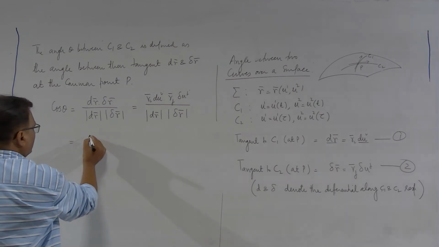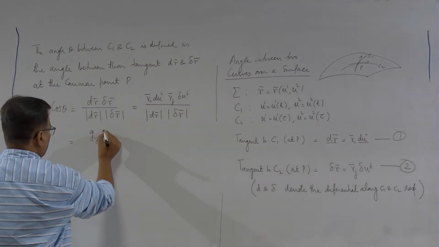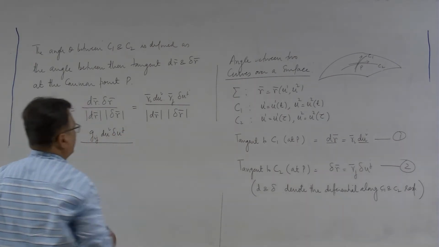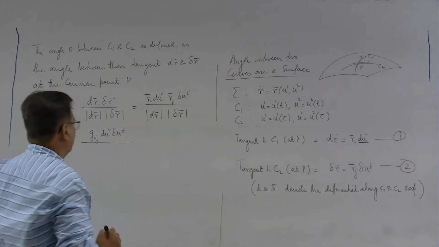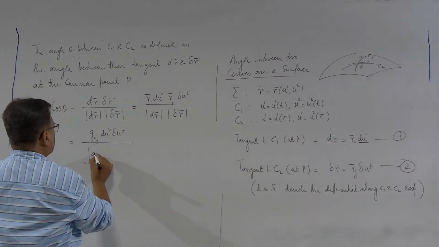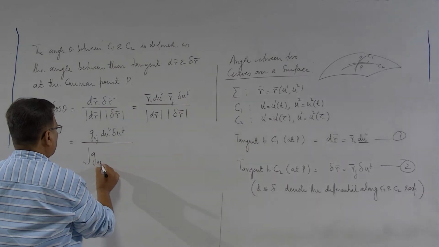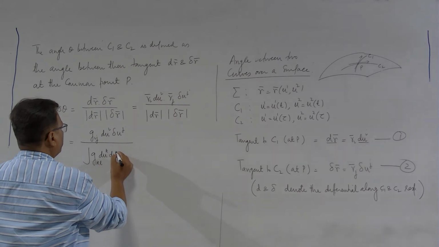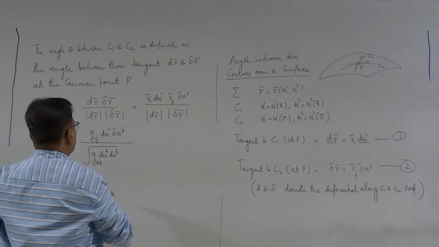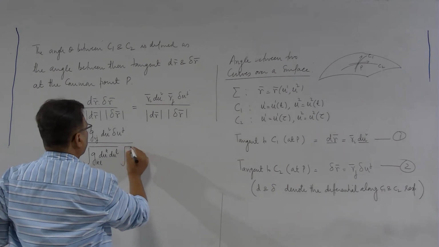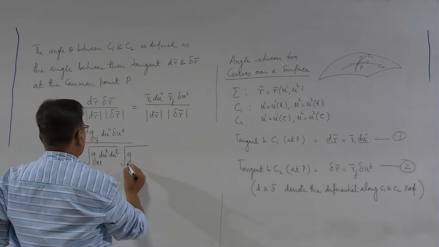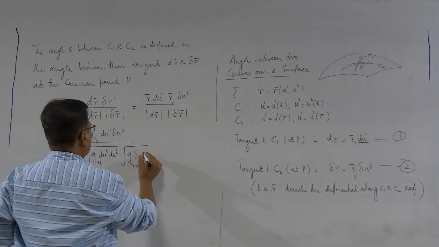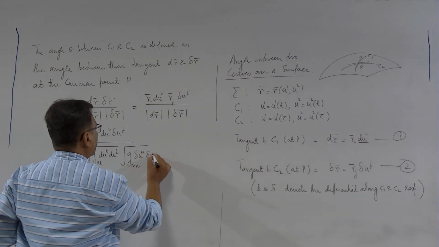So, the numerator will be g_ij du^i into delta u^j upon this quantity we have seen, it becomes under root g_kl du^k into du^l, and this quantity will be g_mn into delta u^m delta u^n.